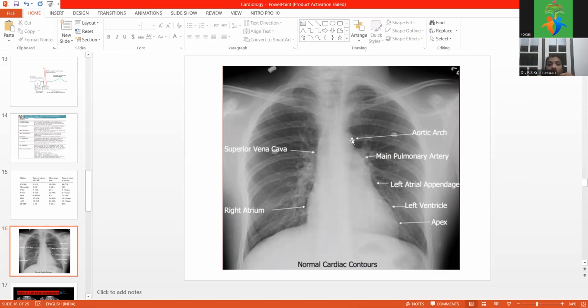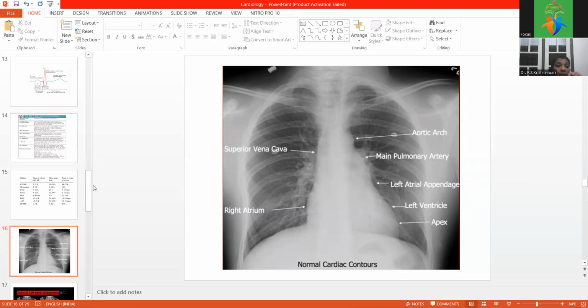What we observe in the left side of the cardiac shadow is the aortic arch, next the main pulmonary artery, left atrial appendage, and left ventricular apex. You please remember.